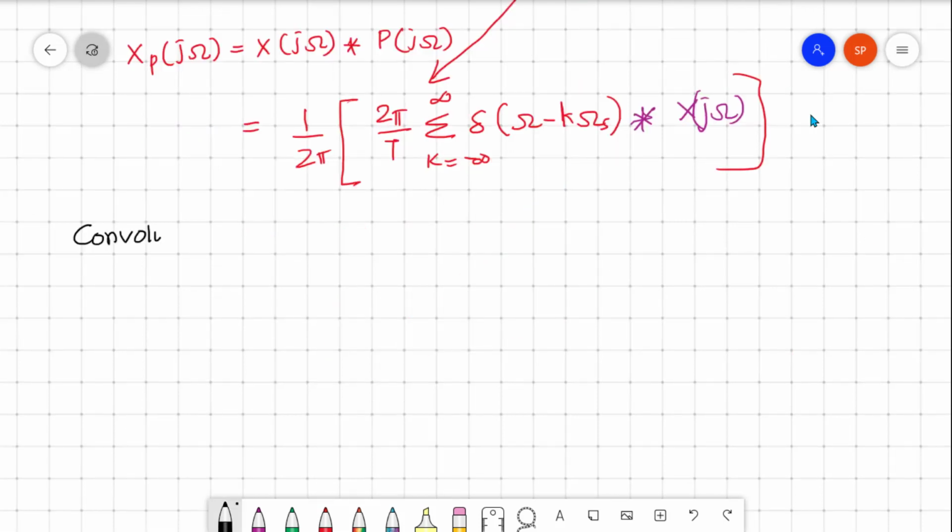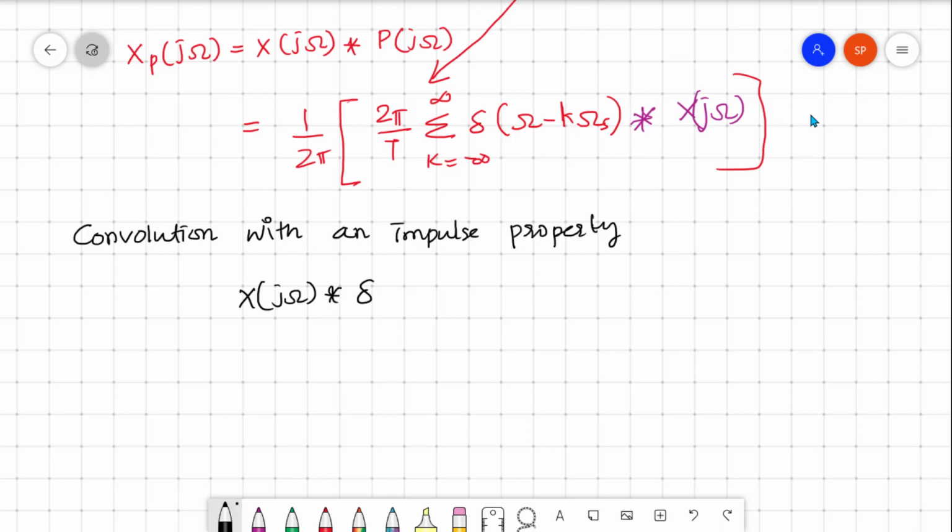Now from the convolution with an impulse property, if you have forgotten this, please review the videos or the notes. You can see that the convolution with an impulse property says that if we convolve X of j omega with delta of omega minus k omega s, what we will ultimately get is the shifting of the function to the location of the impulse.